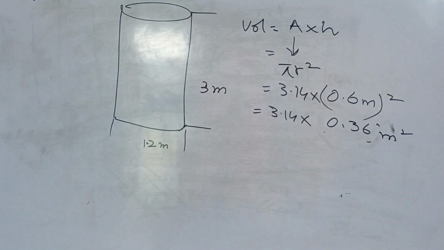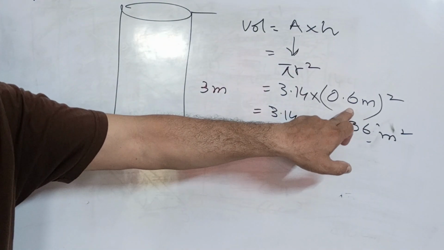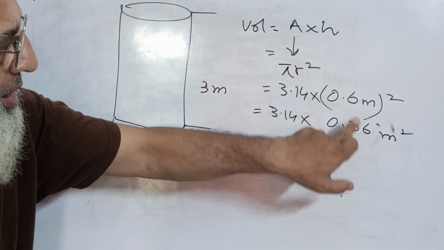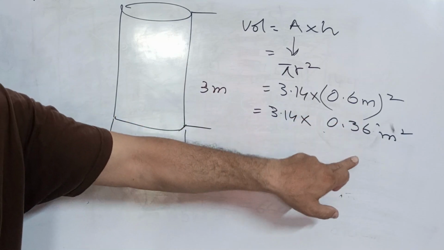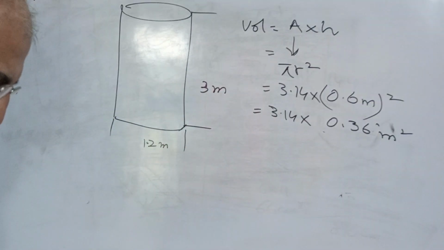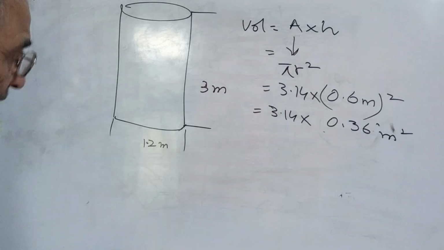Note that when we square a fraction, it becomes less. Here it was more than half, it is less than half over here. Now we'll multiply this with pi, 3.14, and we get 1.13.